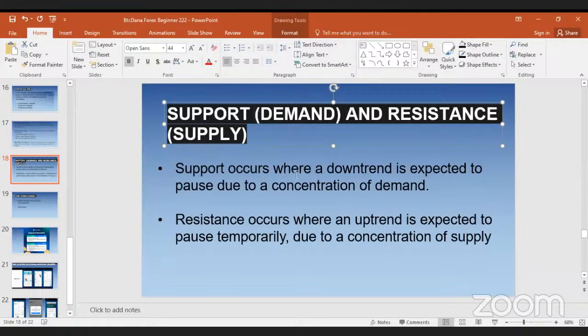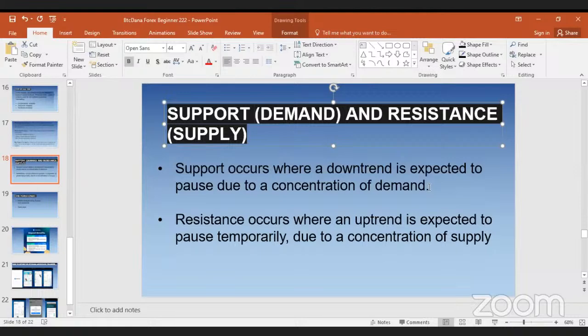Support occurs where a downtrend is expected to pause due to a concentration of demand. What it means is, maybe there are people around the demand zone who want to buy. They are waiting for the price to get to that point, because the market has been selling for so long.